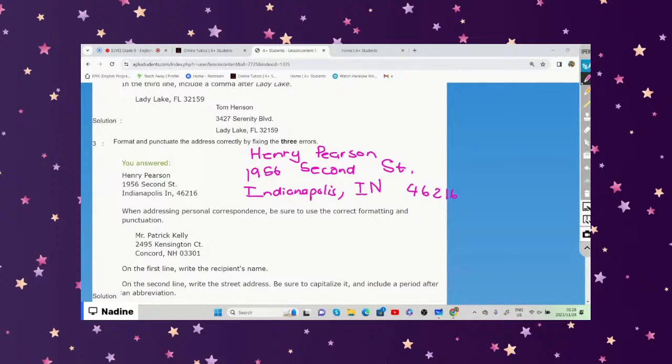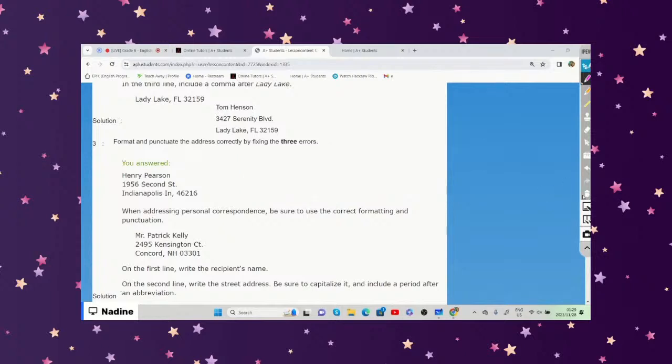Then we have the street address, for example, Second Street with a period at the end. Then we write the city, which is Indianapolis, the state, which is IN, and both need to be capitalized if you're going to abbreviate it. And then we have our zip code, which is 46216. And that is our address, or let's say, personal correspondence.